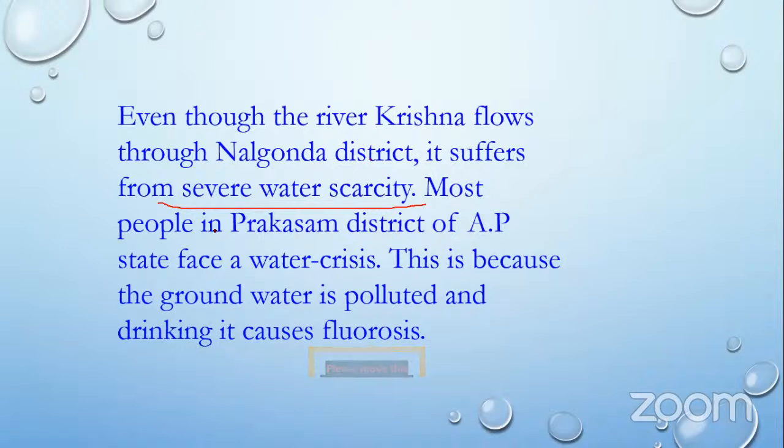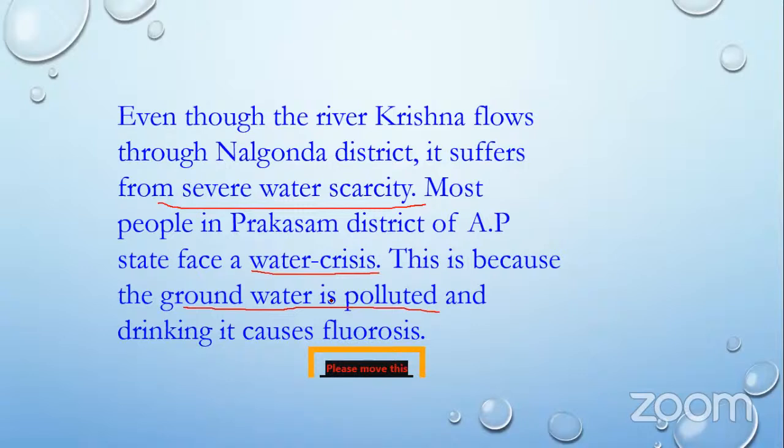Why? Most of the people in Prakasam district of AP state face a water crisis. Water crisis means water is not available to them. This is because the groundwater is polluted in these districts, mainly Prakasam district and Nalgonda district.